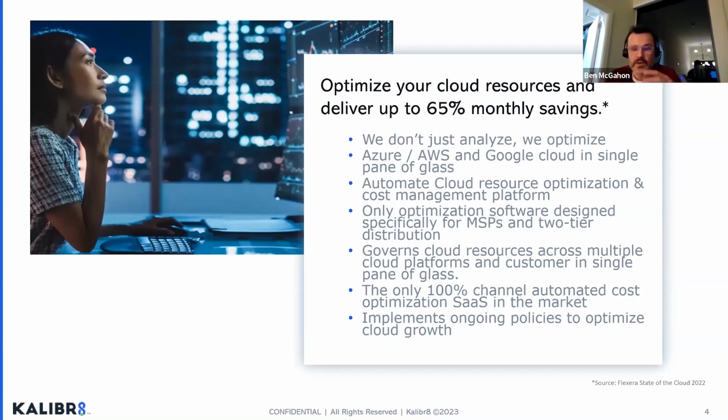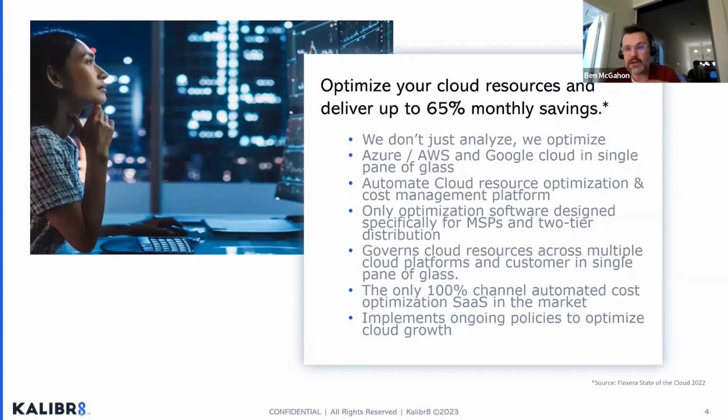So we looked at how we could address this and build a product that was built for MSPs for two-tier distribution. The difference with Kalibr8 is that we started with our coding and our product actually doing something about the problem, not just analyzing to find out what the problems may be for somebody else to fix. So we don't just analyze, we optimize. We have the Azure cloud launched at the moment with AWS and Google coming later this year.